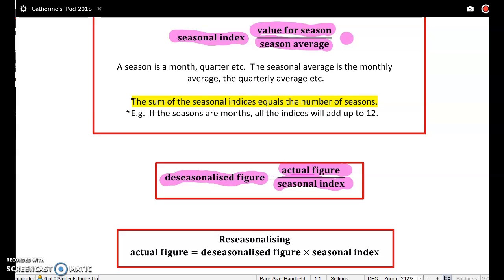That gives us our seasonal index. And then to get our deseasonalised figure for that season, we get our actual figure and divide it by that seasonal index. And that gives us our deseasonalised figure. Now we'll do some examples of this, so I hope you can then keep up.